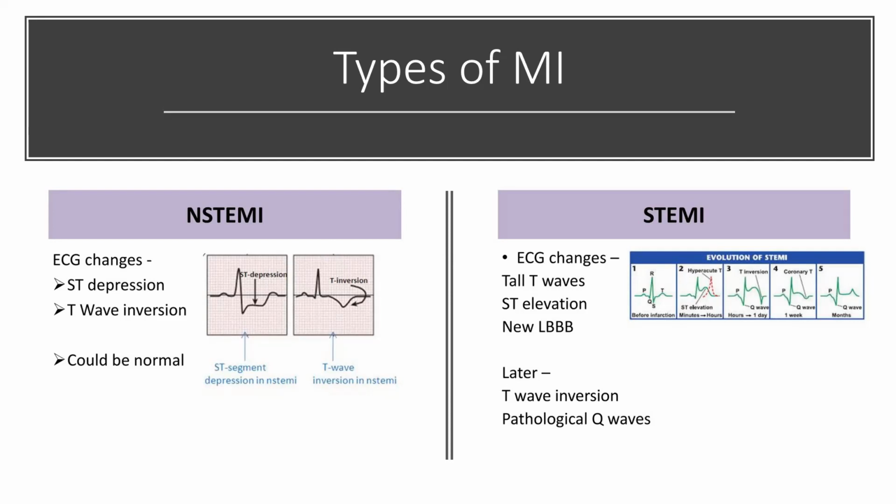However, STEMI is seen as more of an immediate emergency because there is a known total occlusion of a heart vessel that needs opening up immediately. However, in terms of long-term outcomes, they have equal health implications.